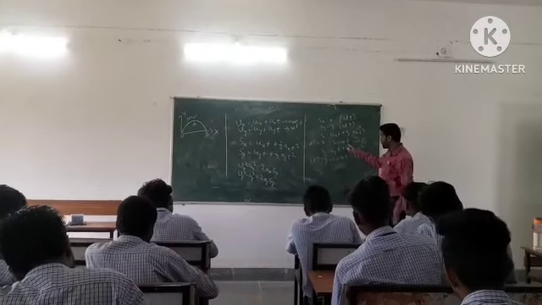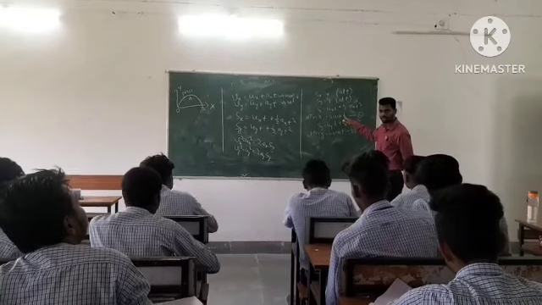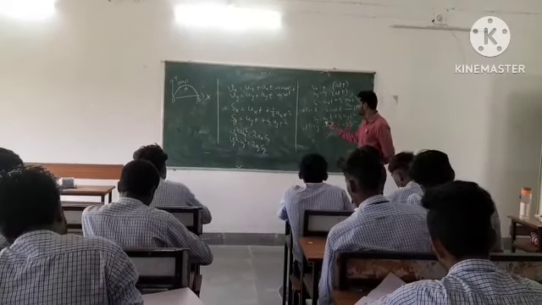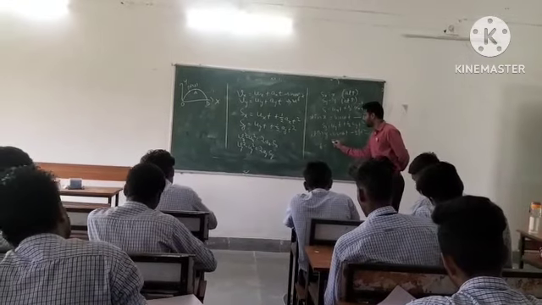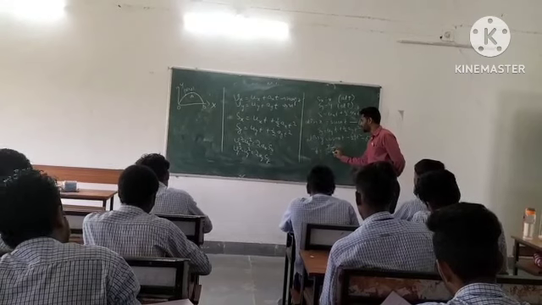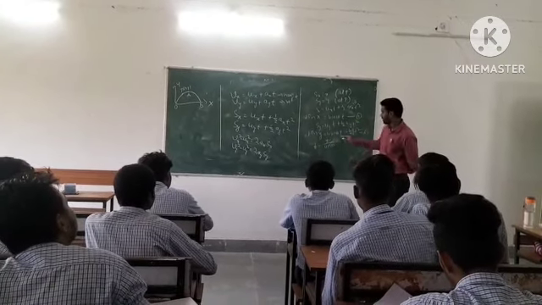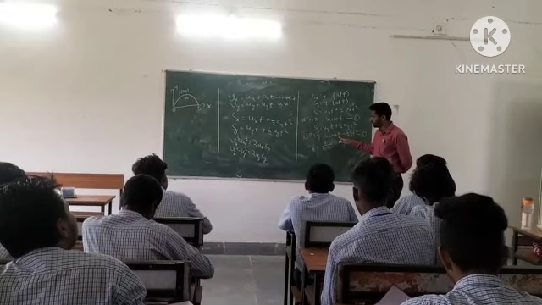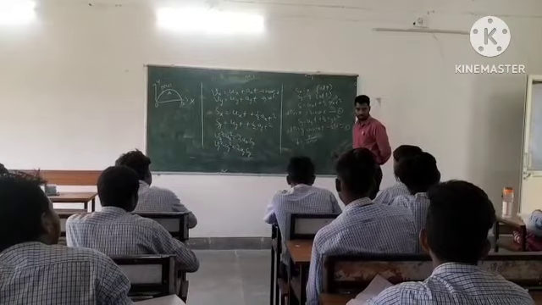For this, the common factor is t. In equation 1, t is there. In equation 2, t is there. So, from equation 1, we calculate the value of t. That is, t equals x by u cos theta. And the value of t we have to put in equation 2.